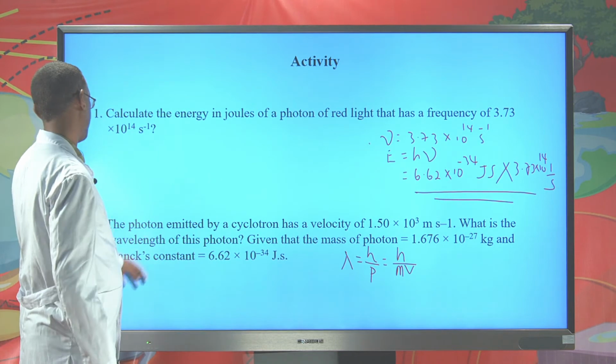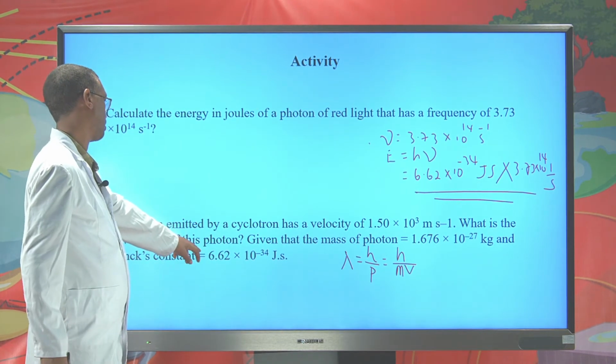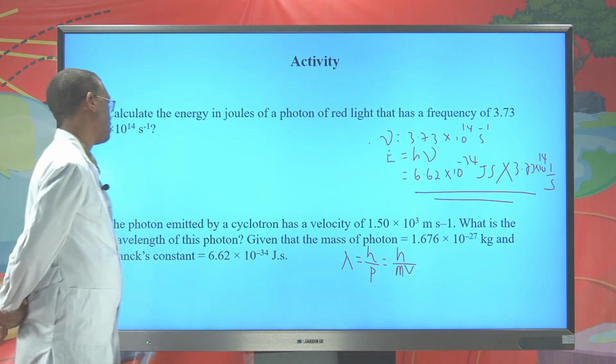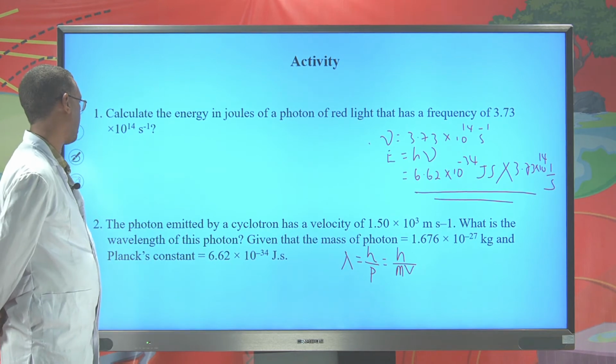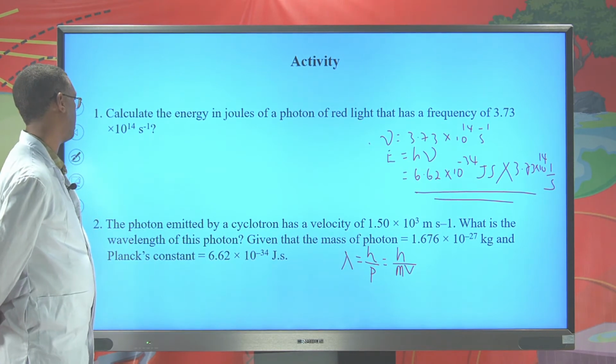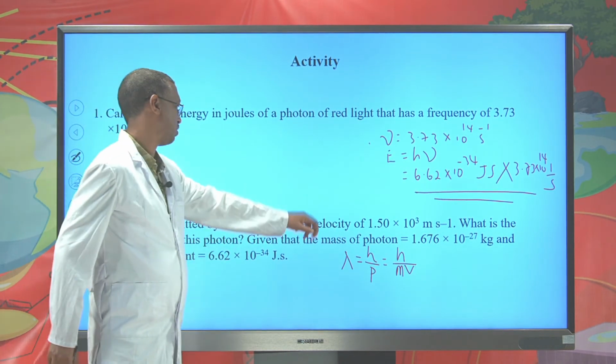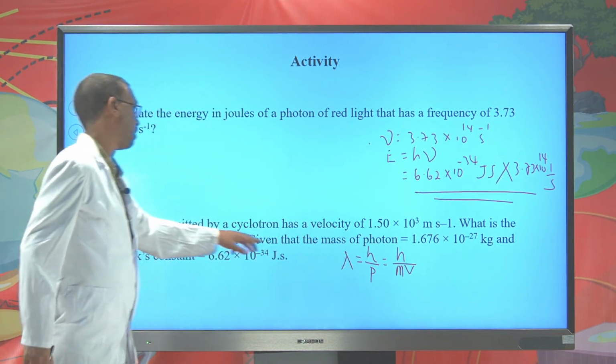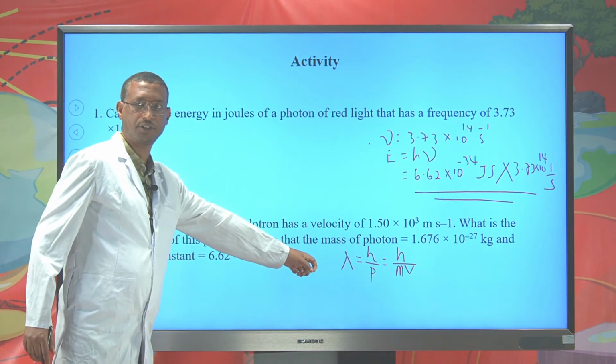So here h is given, that is a Planck constant. The mass is given, and also the velocity is given. So using this formula, we can calculate the wavelength.